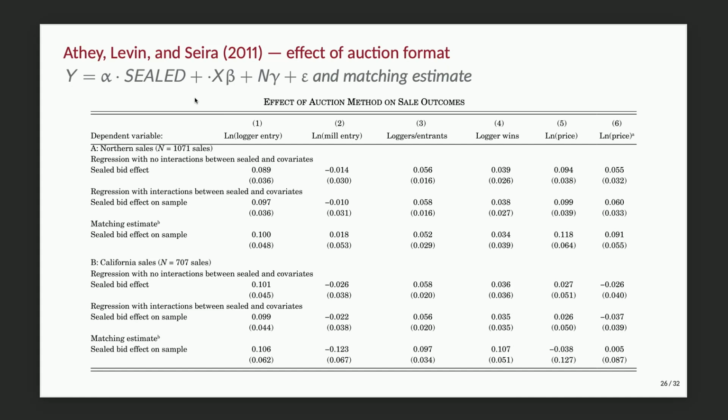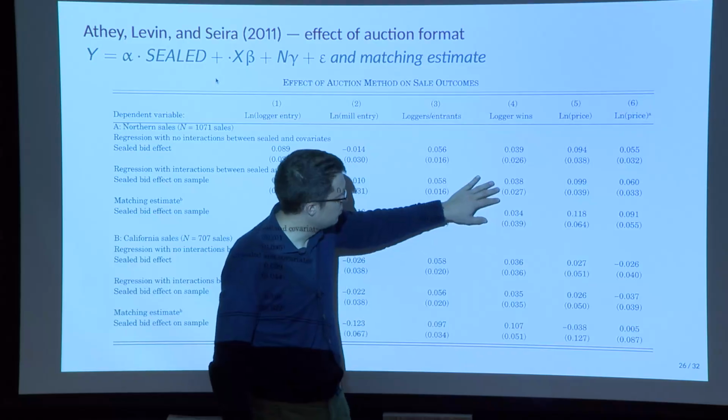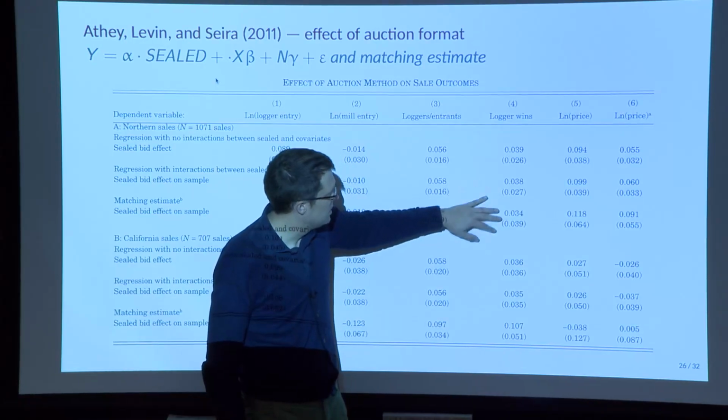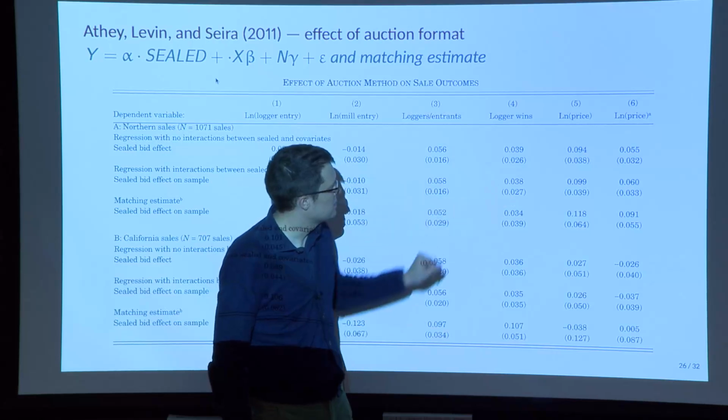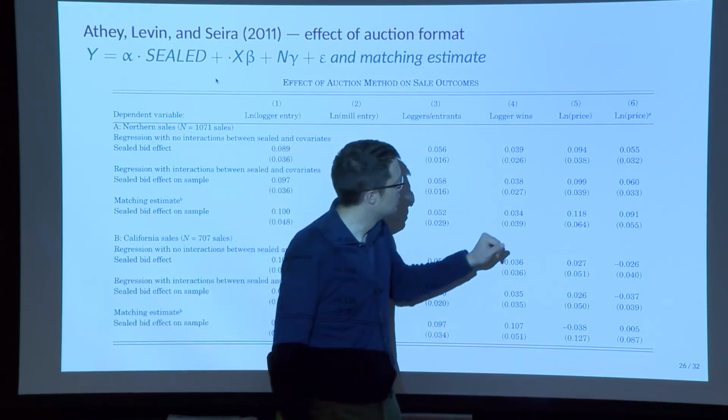Okay, so what they find is consistent with what the model predicts: in the sealed bidding format, more loggers are entering. There's no significant effect on mill entry. And so the fraction of loggers in the auction goes up in the sealed bidding format. Loggers are more likely to win, but these effects are not significant.